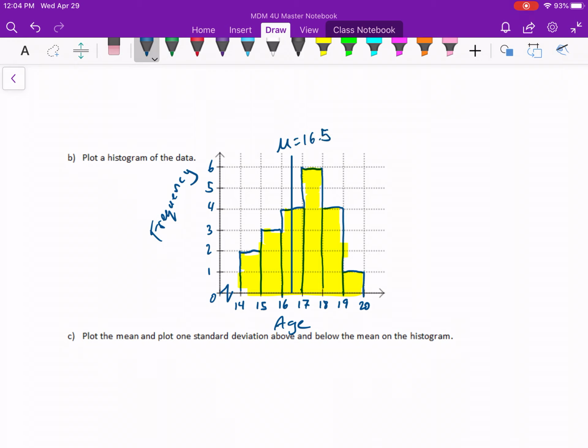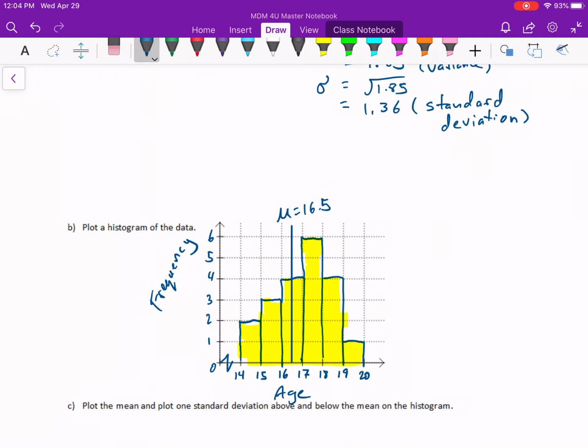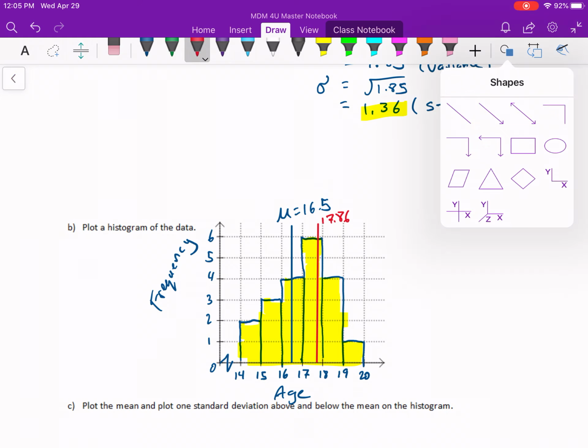Now 1 standard deviation, I can just see that at the top of my screen here. 1 standard deviation is 1.36 years. So if I take 16.5 and add 1.36 to that, I get 17.86. So that would be about here on the graph. That's 1 standard deviation above the mean. If I take the mean and subtract 1 standard deviation, then I'll get 15.14.